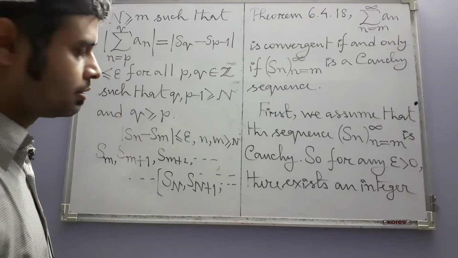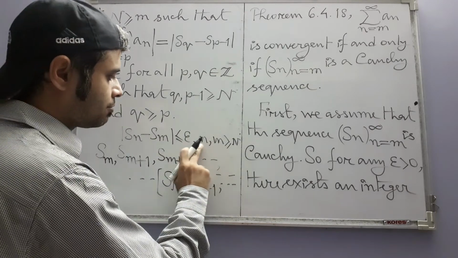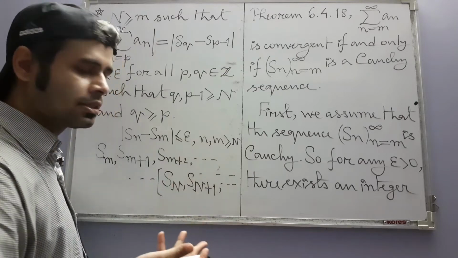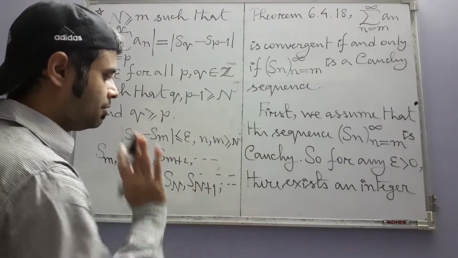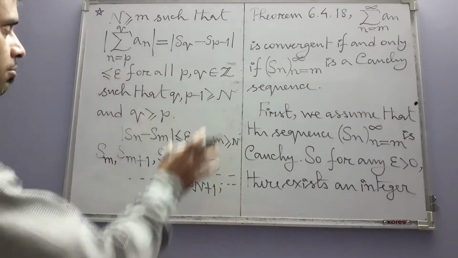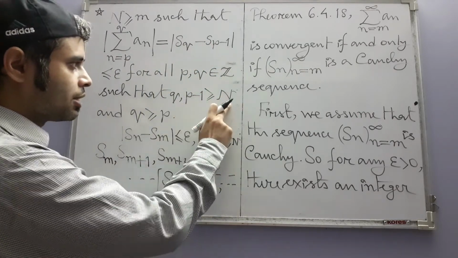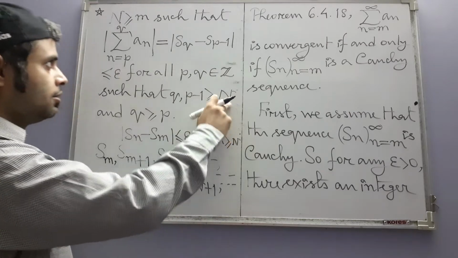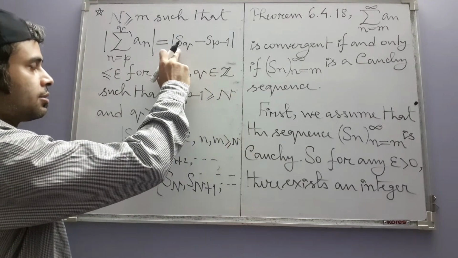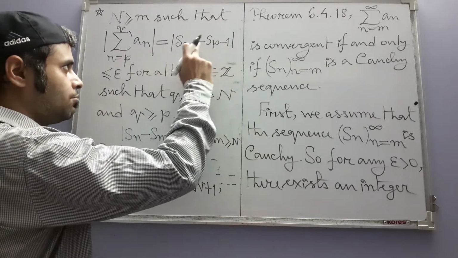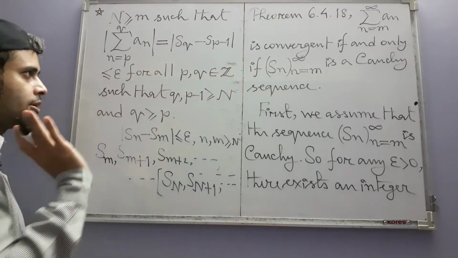We can do that. So, just simply considering that q and p minus 1 are greater than or equal to N, you have this inequality: the absolute value of Sq minus S(p minus 1) is less than or equal to epsilon.